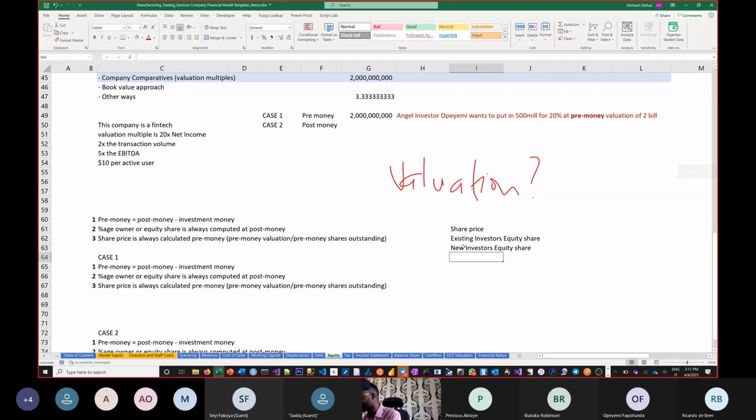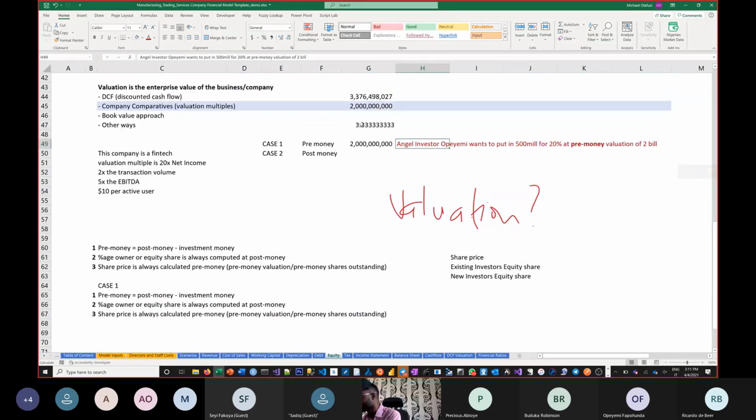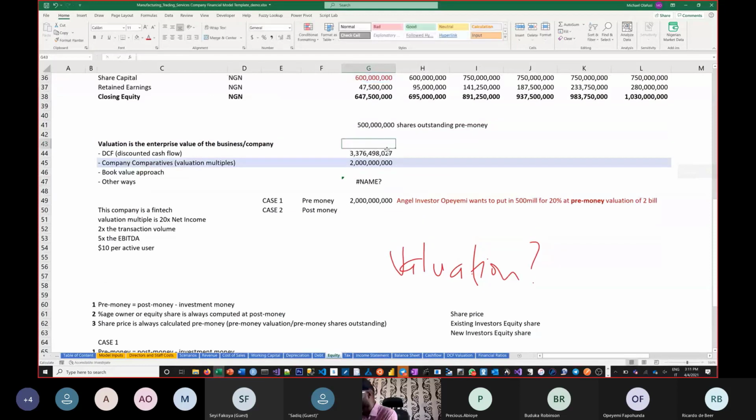Okay, so let's start. If I change this to 500,000, it's not too difficult. I can come here and say 500,000 shares divided by this gives us the share price, or price per share.